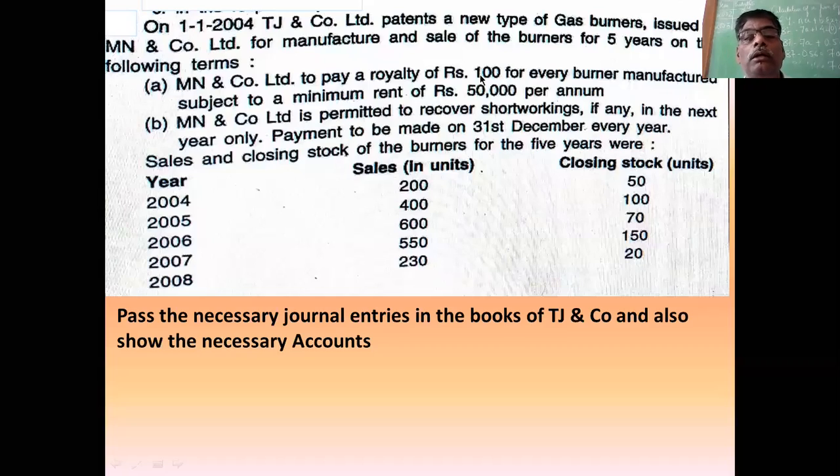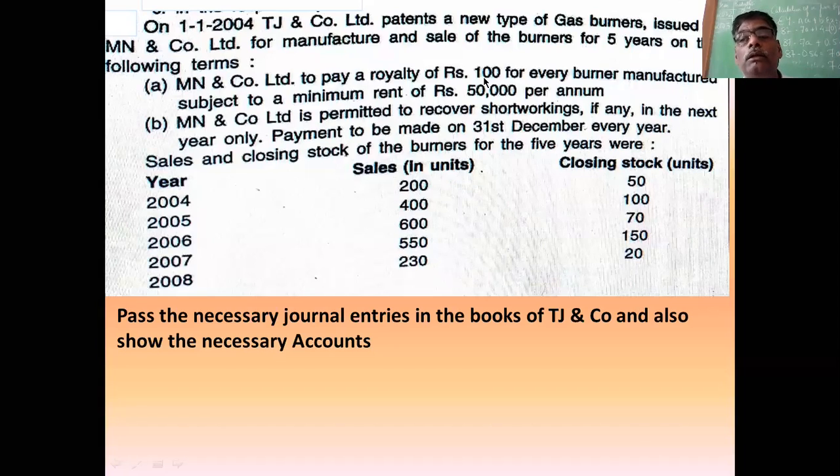In problems of this type, where the units and closing stock are given, you have to be very careful about the rate of royalty, whether it is on unit manufactured or unit sold.